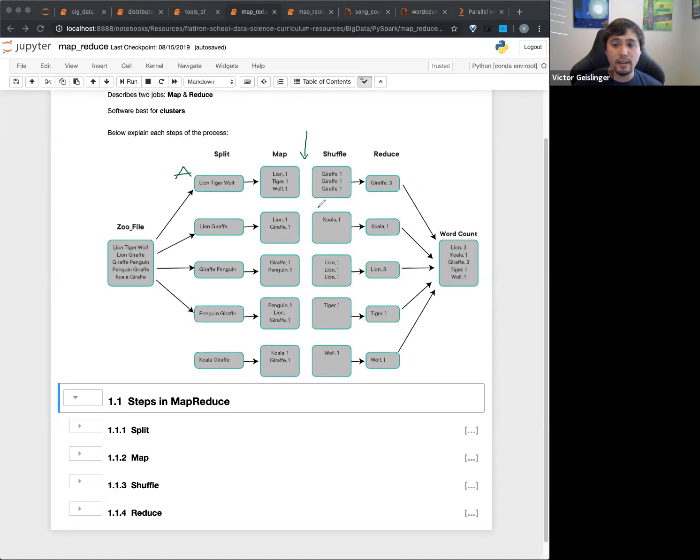And then it says, okay, computer B is only going to get koalas. Everyone who has koalas, give him koalas. Essentially, I guess that's maybe why it's called shuffle, because it kind of looks like a madhouse, since it's all happening at the same time. But the idea here is that this information, like lion, for example, I'm not going to try to make it too messy, but lion gets passed over to each part right here.